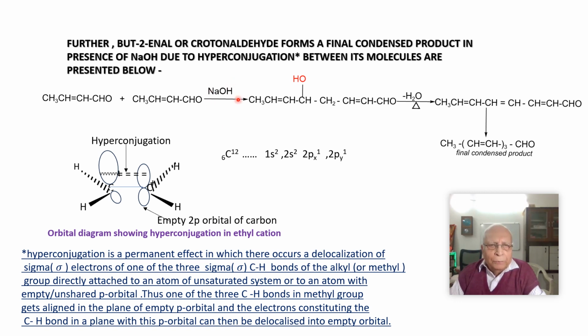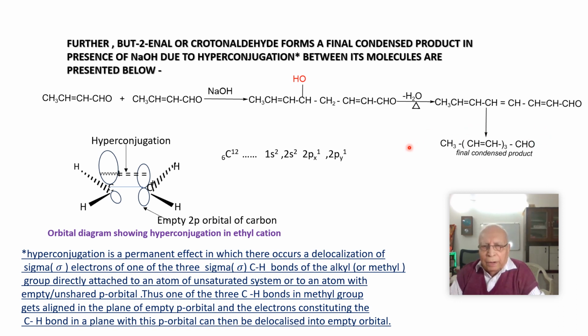Again, in the presence of NaOH, that is sodium hydroxide, a similar reaction occurs as in aldol condensation, and the OH group gets attached to a carbon atom here, which again on dehydration forms a condensed product containing 3 alkene groups, and this is the final product.